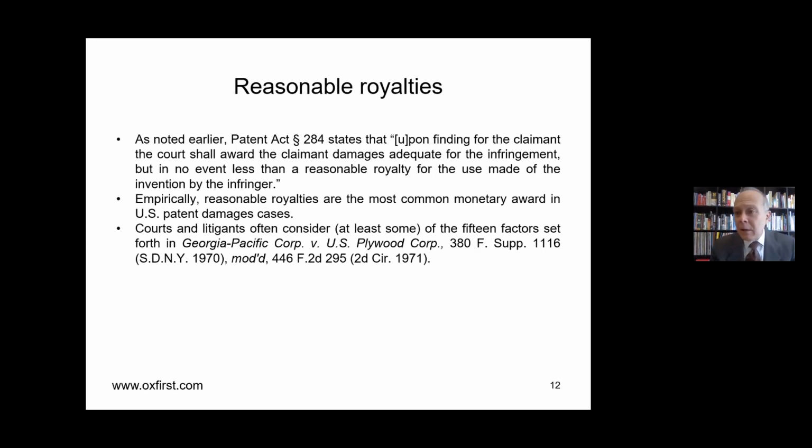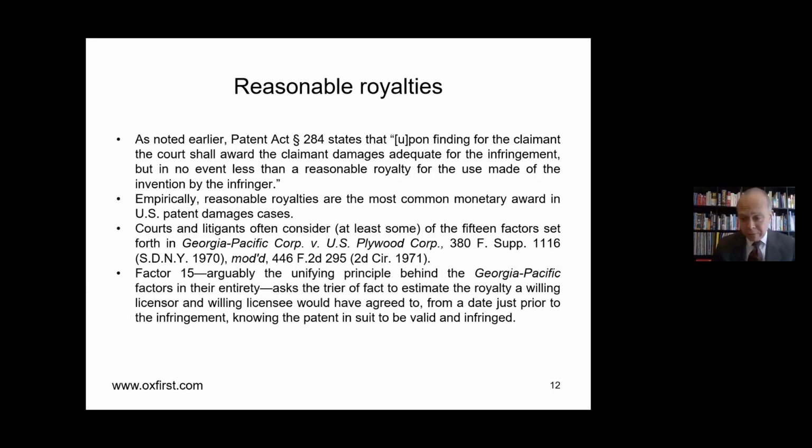And in awarding reasonable royalties, courts and litigants will often consider at least some of the 15 factors set forth in the Georgia-Pacific case from the 1970s. So these are often referred to as the Georgia-Pacific factors.